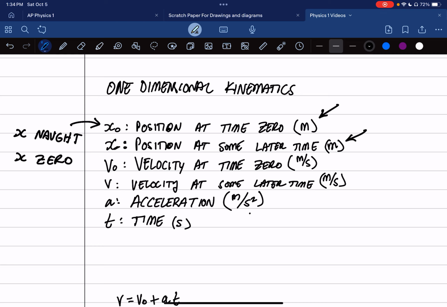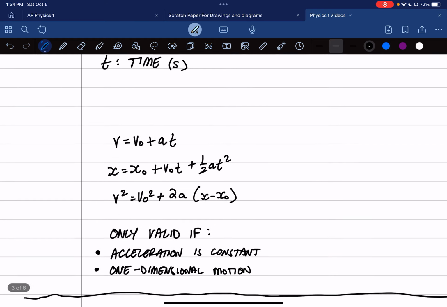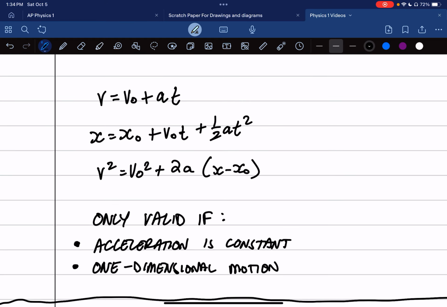This is meters per second squared, and this is seconds. All right. These are the three equations we'll be using for some time. I just call them equation 1, 2, and 3, just so we can easily refer to them. And just shortly we will use them.